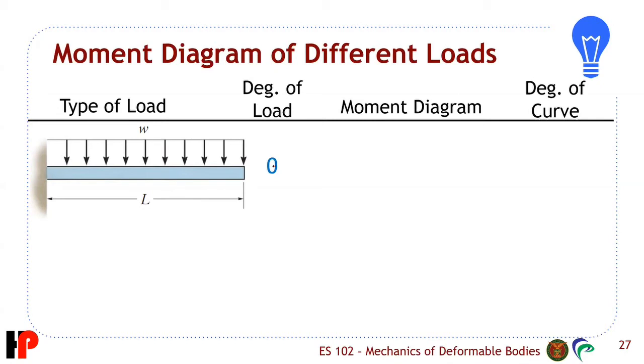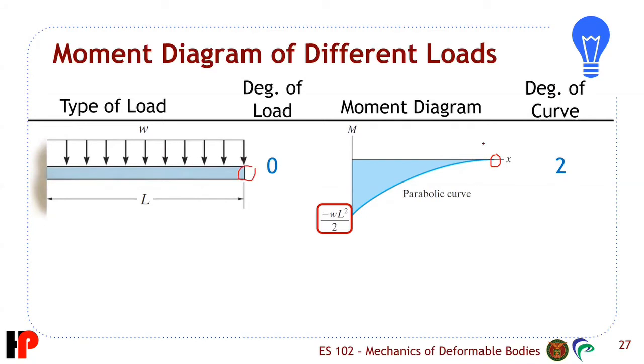Now, the moment diagram of this one looks like this. It is a parabolic curve, or a second degree curve, with the vertex pointed at this point, where M is 0. That is where the vertex is. Now, the value is the moment of omega about this point.